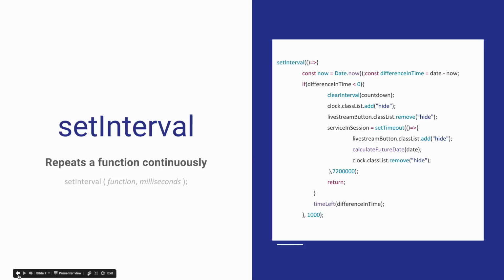Basically what this function does is it repeats a function continuously, right? So everything within the function, it's going to run that every second, because we have 1,000 milliseconds right here. So you can put any number here and it's going to run it every period of time, right?